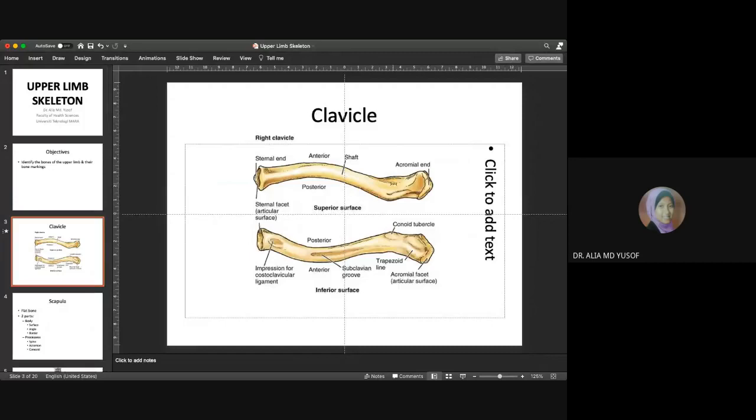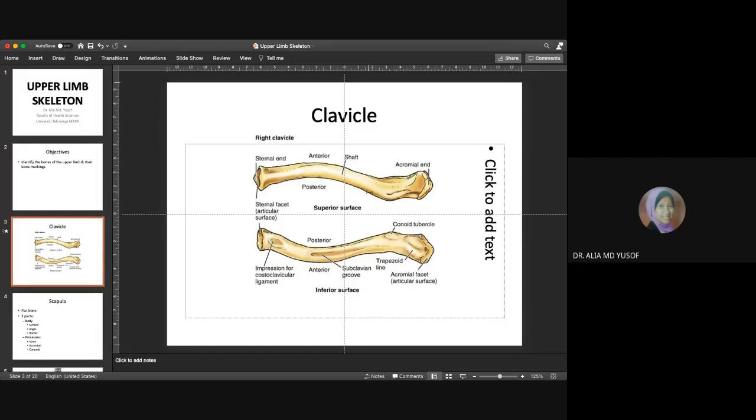Clavicle S-shaped structure bone. 2/3 medial adalah concave. 1/3 lateral adalah convex. 2/3 medial adalah tubular. Okay, compact bone, long bone. Okay, 1/3 lateral adalah flat bone, spongy ataupun trabeculated ataupun cancellous bone.